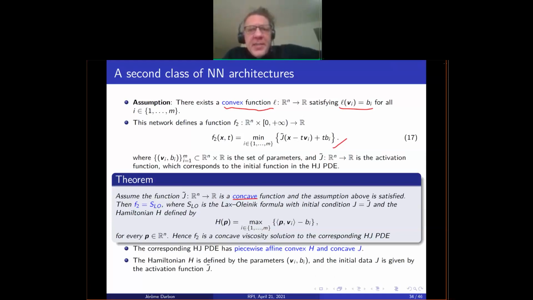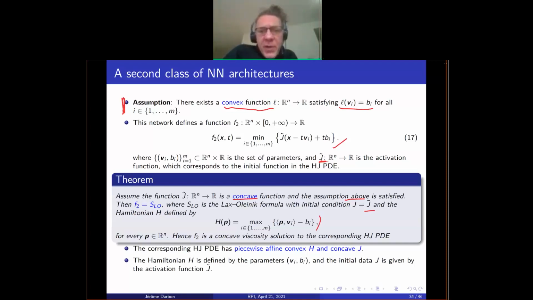And assuming that J tilde is a concave function, and that the assumption above is satisfied, then you can show that the neural network is the Lax-Oleinik formula for the Hamilton-Jacobi PDE where the initial data is given by J tilde, that is the activation function that we used, and the Hamiltonian is given by the parameters of the neural network, v_i and b_i, using the following optimization problem.